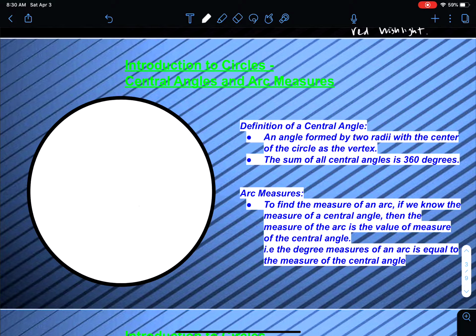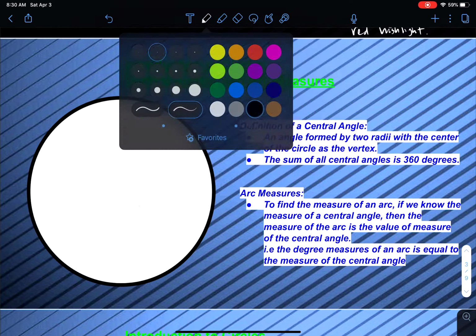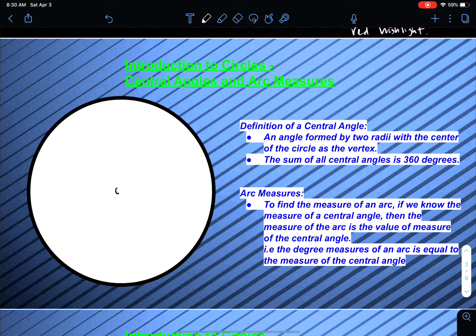Now, let's move on. We're going to be talking about central angles and arc measures. Okay? So, what is the definition of central angle? Now, let's say if I have a point on the center of the circle, and I'm going to draw one radius, and I'm going to draw another radius.